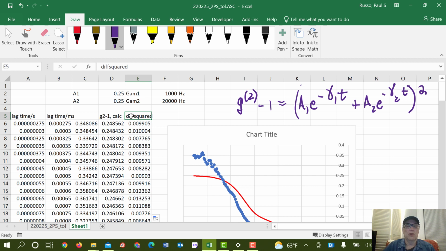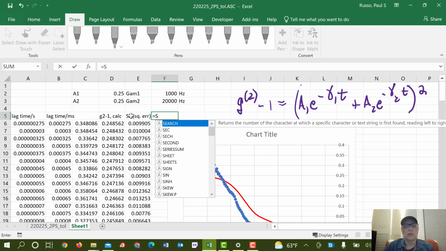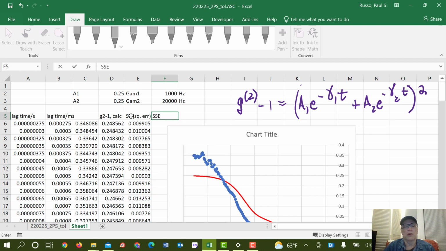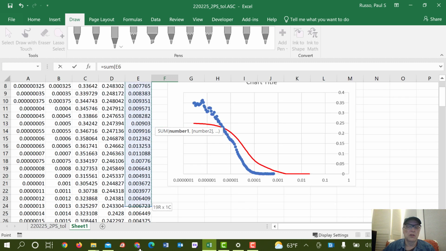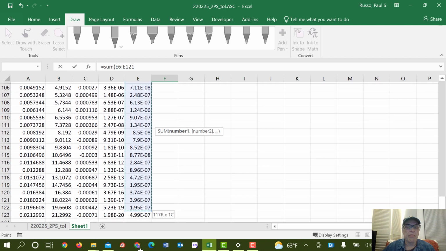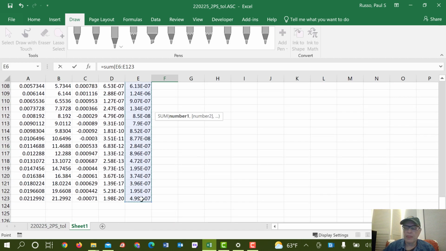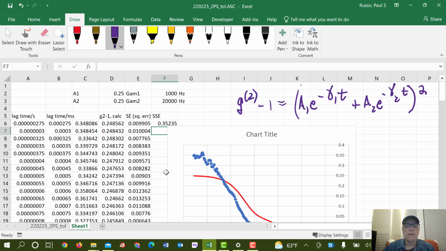Now, why don't I call that SE? And then we're going to come over here, we'll call it sum squared error. Okay, so to get the sum squared error is going to be equal to the sum of all this stuff.